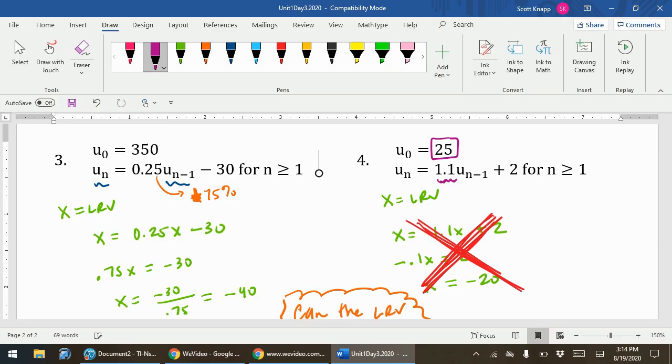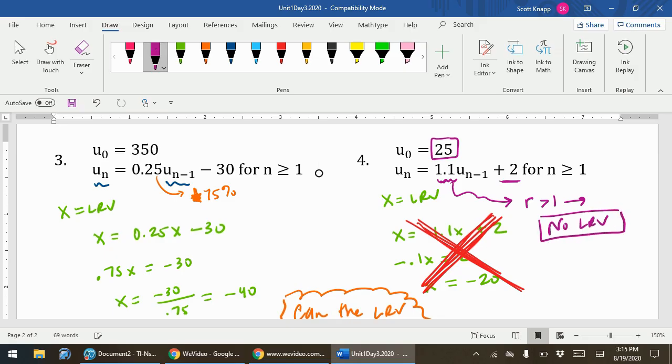We multiply it by something bigger than 1. And if you multiply something by something bigger than 1, it's going to get bigger. Okay, that's growth. And then if we add something onto that, it's going to get even bigger than that. So I think the key here is that that common ratio is greater than 1. And if that's the case, there is no long run value.